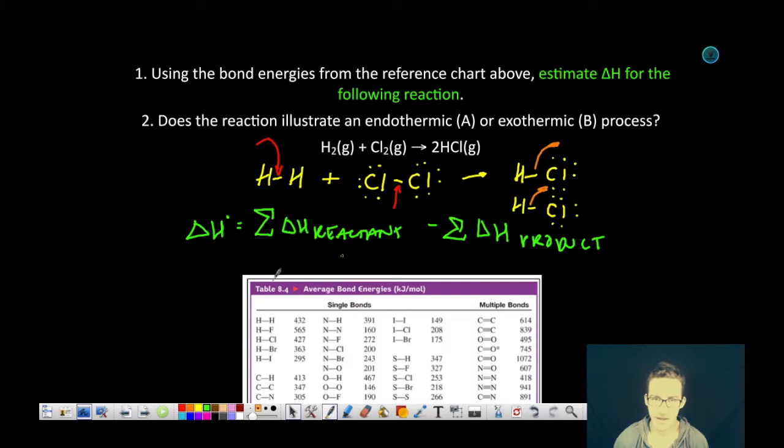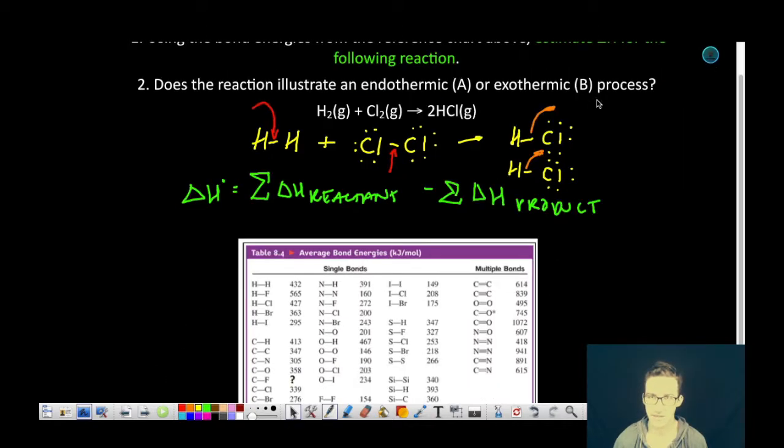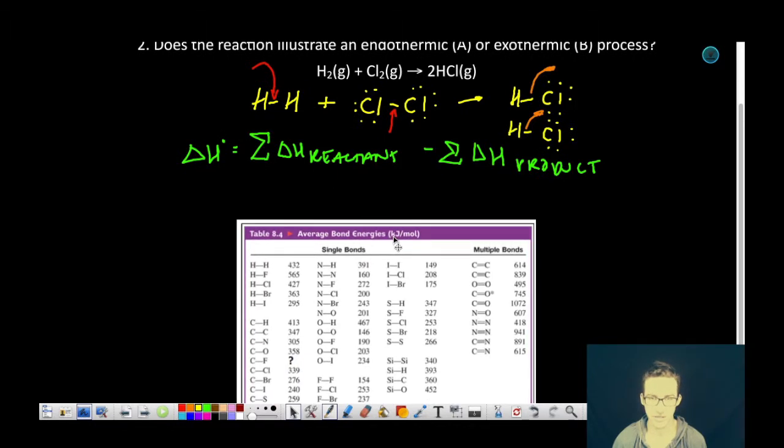And if we take a quick peek, it's simply a matter of looking at this bond energy chart and plugging it into the formula. The energy required to break that one H-H bond, or 1 mole of hydrogen bonds, is going to be 432 kilojoules of energy.